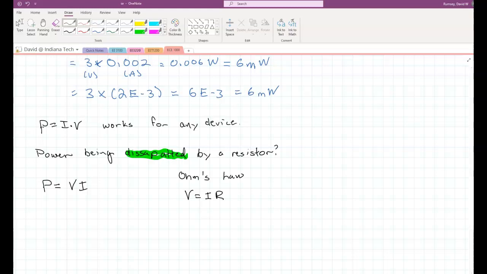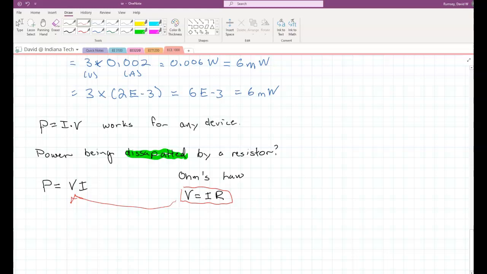So what we can do here is take this equation and substitute it in here.